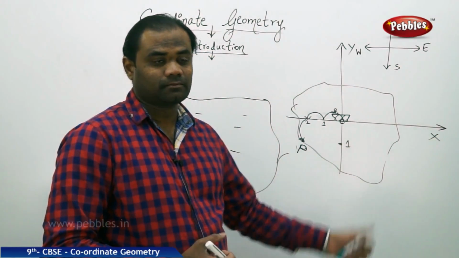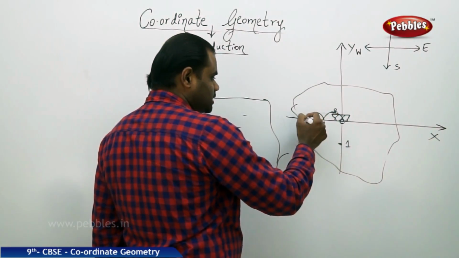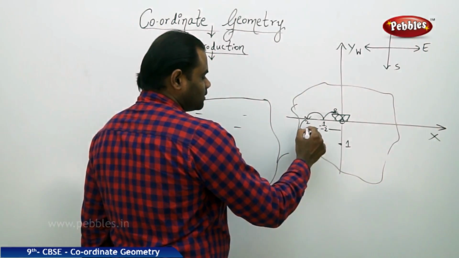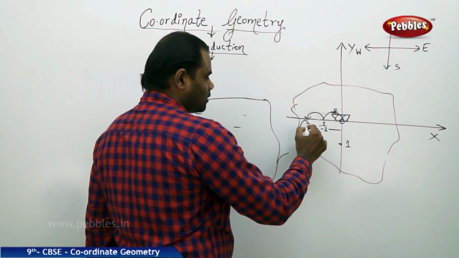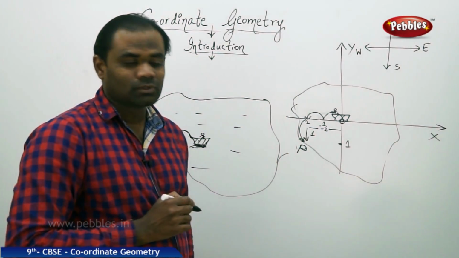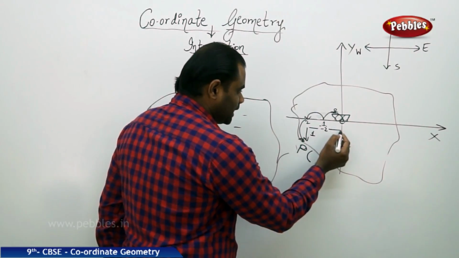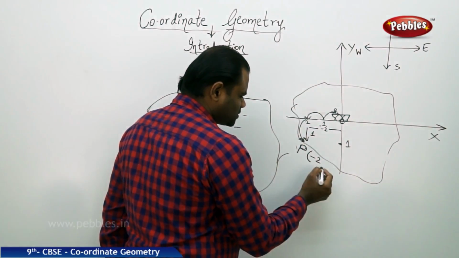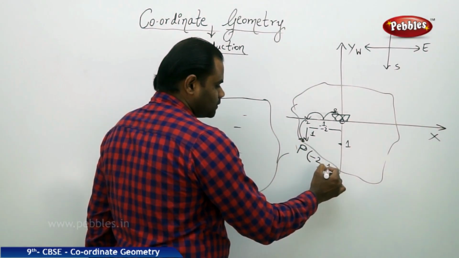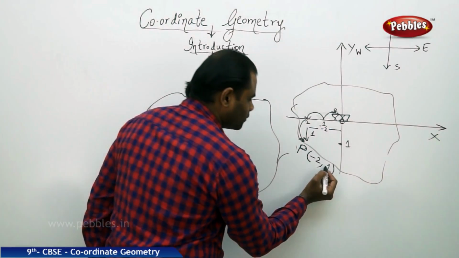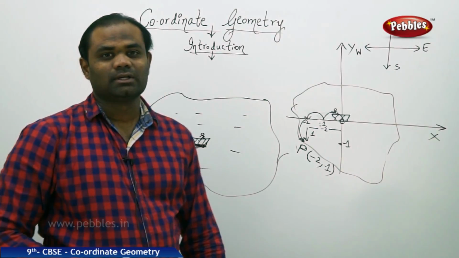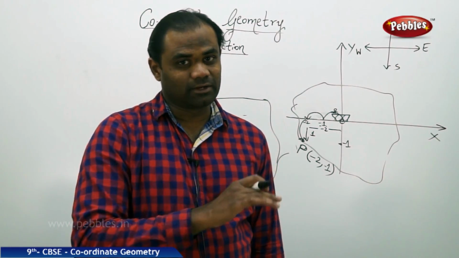So when I see the ship moving 2 units left, I see that he is moving negative 2 units to the left, and then when the ship moves 1 unit to the south, I see that the ship moves 1 unit down towards P. So I locate this point P with x moving minus 2 units, that is to the left, and then the point P which moves 1 unit down, and therefore this would be -1 and this would be -2, because the negative values come on the negative side of the axes.